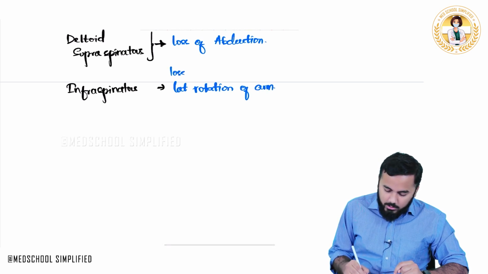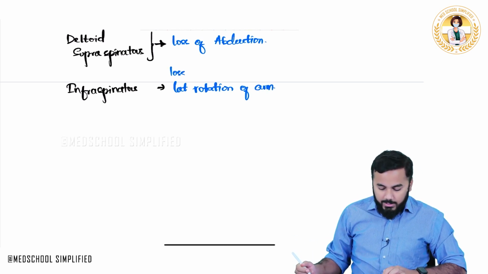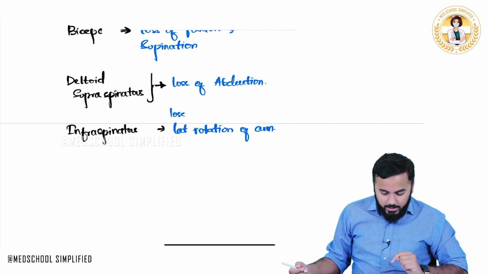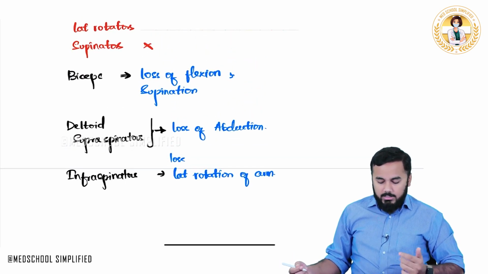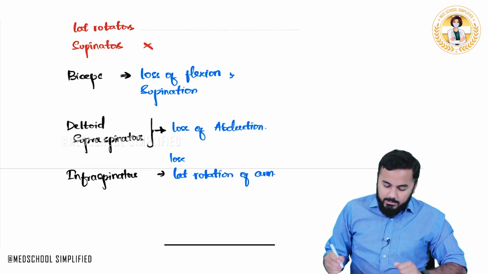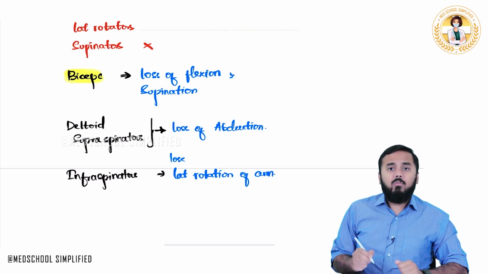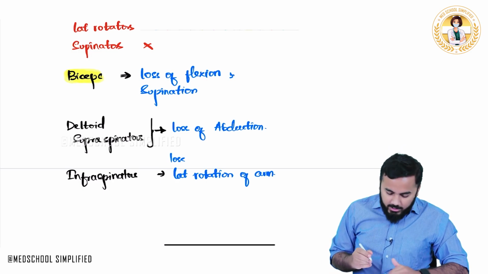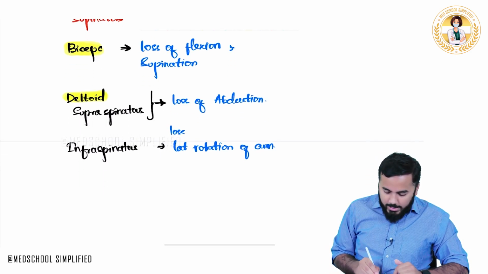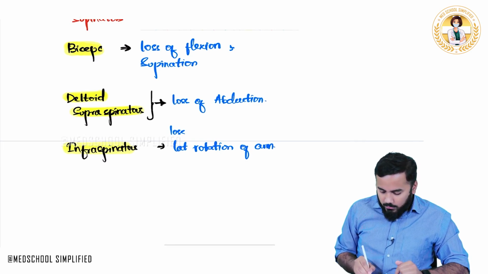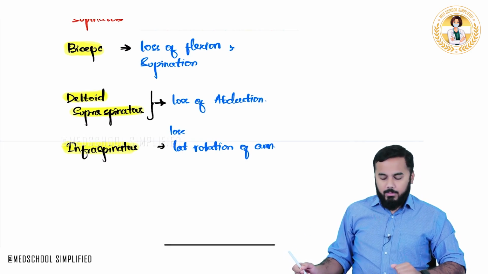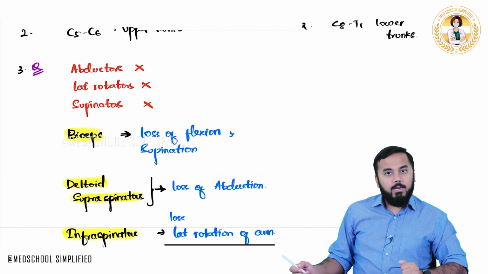So there is loss of lateral rotation of the arm by infraspinatus, loss of abduction by deltoid and supraspinatus, and loss of flexion and supination by the biceps. So if the question asks which muscles are involved in Erb's palsy: one is biceps, next the deltoid and supraspinatus, and thirdly the infraspinatus. Okay, so this is very important.